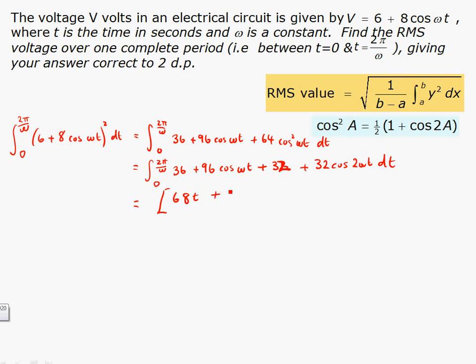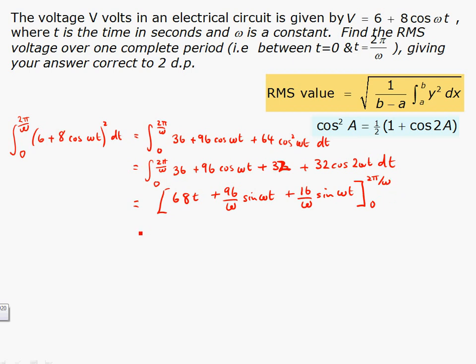So we'll get plus 96 over omega sine omega t. And from this term here, cos becomes sine, and we'll divide by 2 omega, so that will give us 16 over omega sine 2 omega t. Square brackets, because we've done the integration, but the limits haven't been used yet, so we put them over on the right hand side.